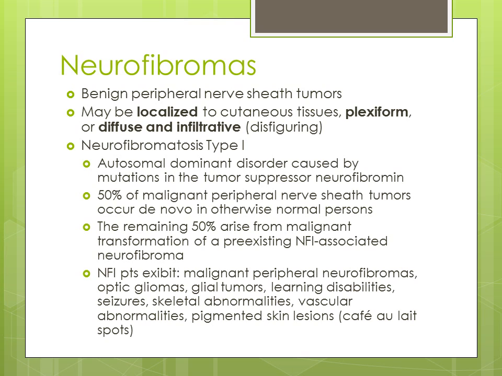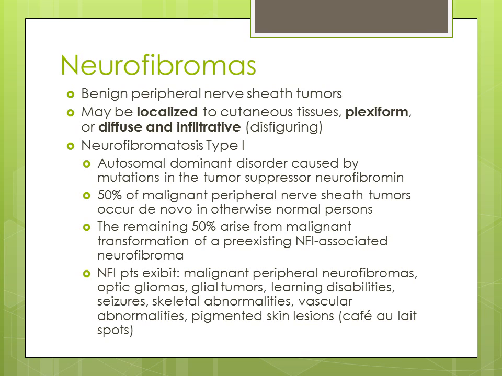Otherwise, about 50% of the malignant peripheral nerve sheath tumors will happen in people who don't have neurofibromatosis. The other 50% happen in people who have neurofibromatosis, and they were benign that moved into malignant neurofibromas.